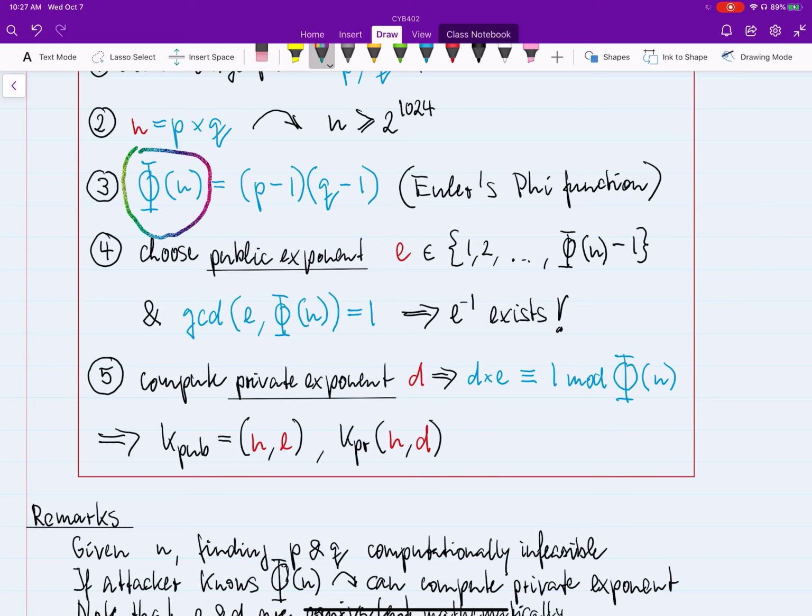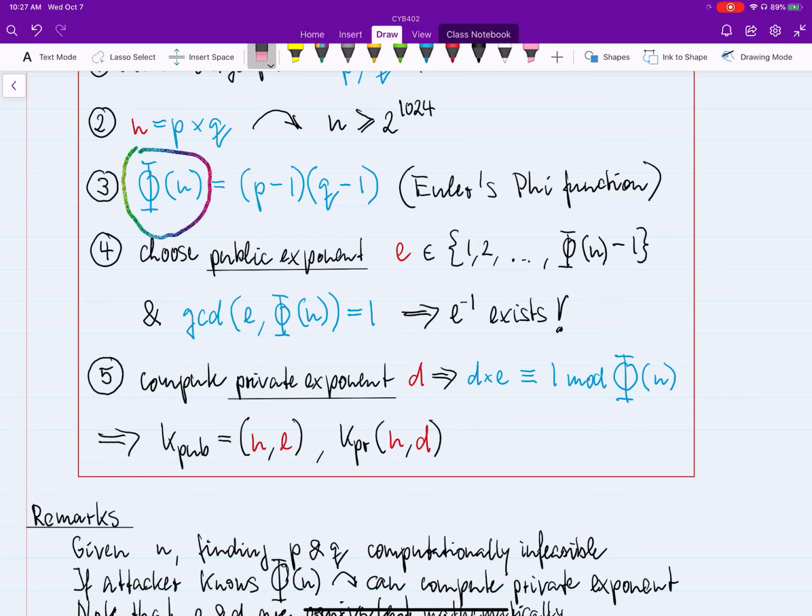So we need to choose E in a certain way. Specifically, it needs to be relative prime to phi of n. In other words, the greatest common divisor of E and phi of n needs to be 1. And the reason for this is that the inverse of E exists.